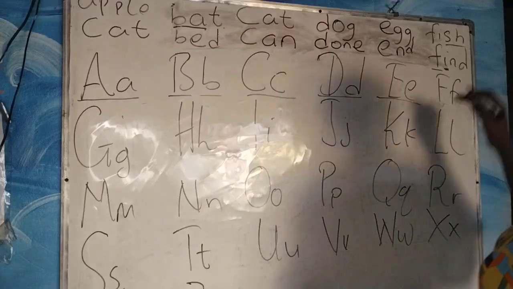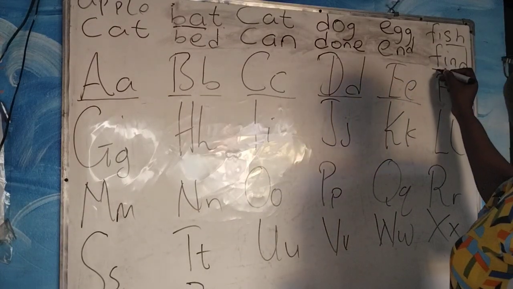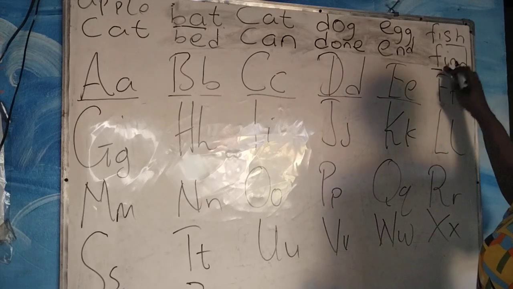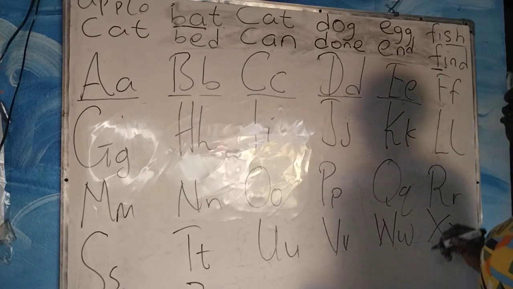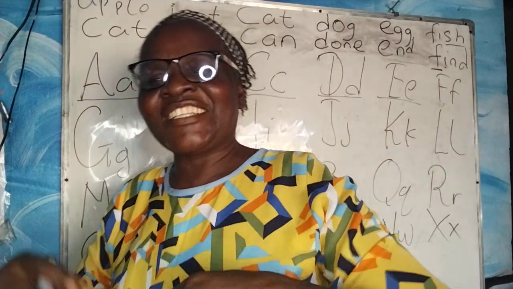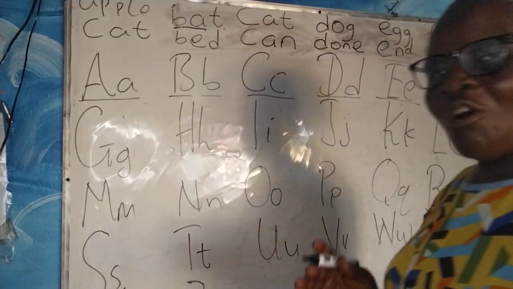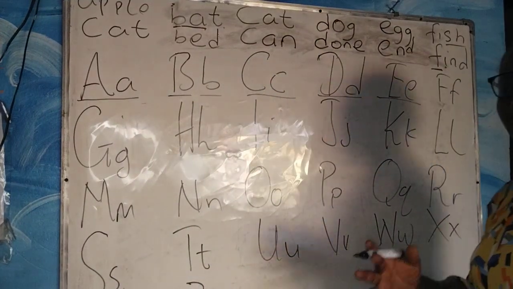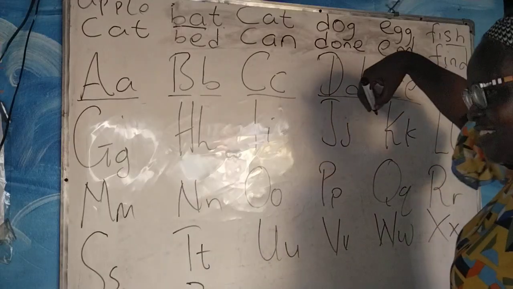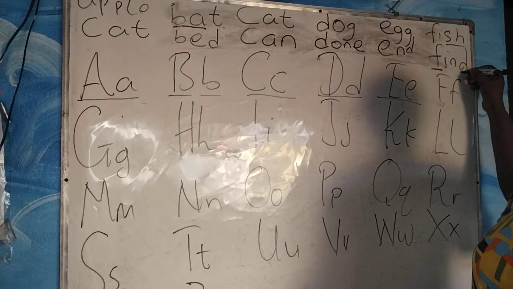Now, looking at find, you see that the first letter goes with the normal sound. The second letter did not go with the normal sound, but it goes with the letter name. Is it not funny? That's English for you. Your own is to know it and say it as it should be said.